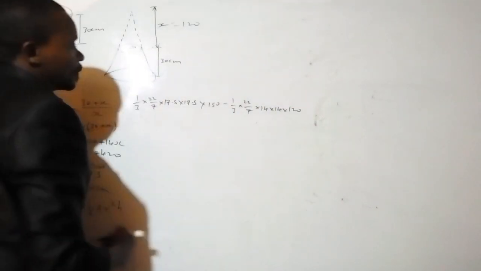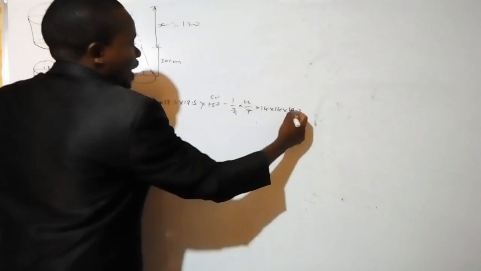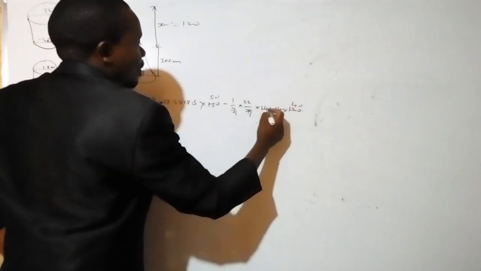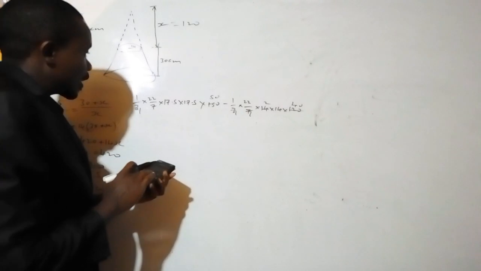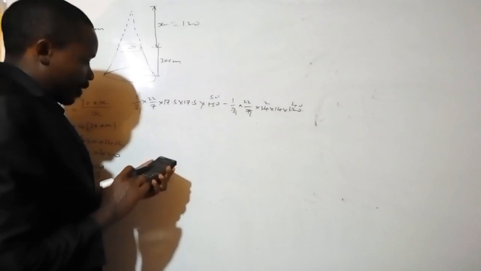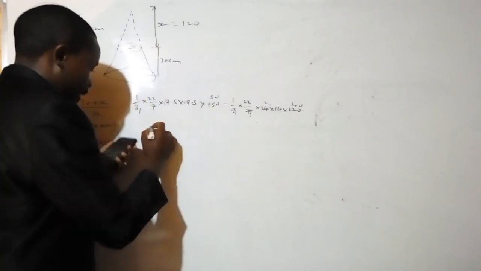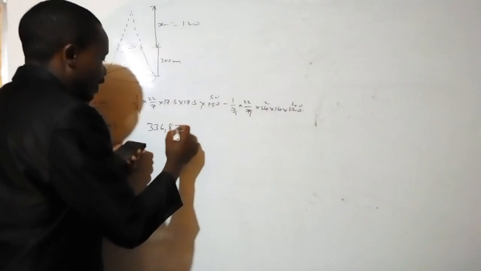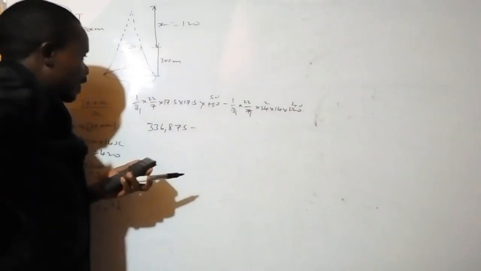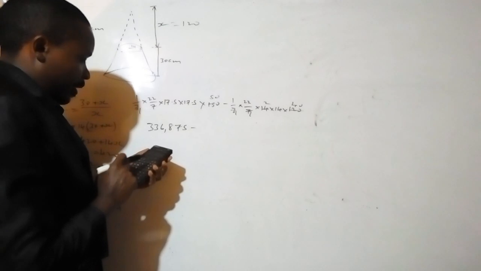1 by 3, 50 by 3, 1 by 3, 40 by 7, 1 by 7, 2. You can use a calculator and say 17.5 squared times 22 times 50. Have we divided by 7? Let's see, 22 times 17.5 squared times 50.